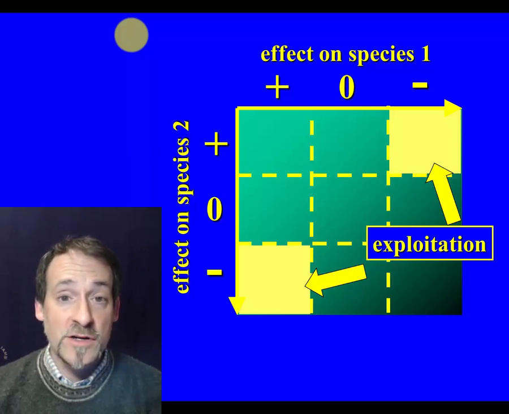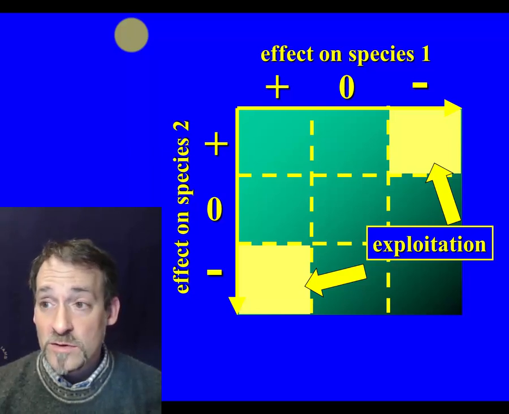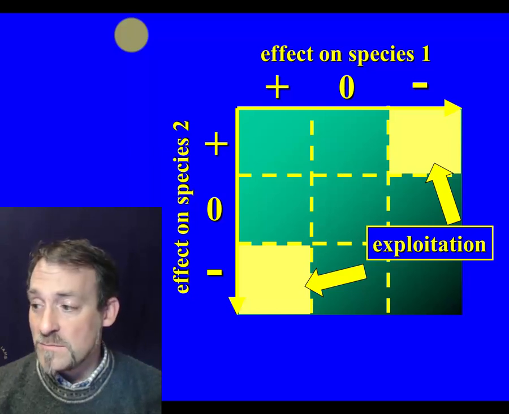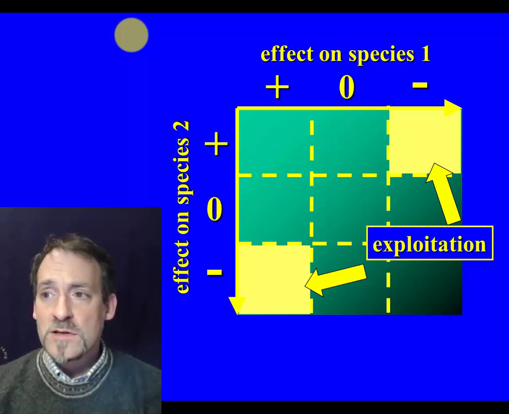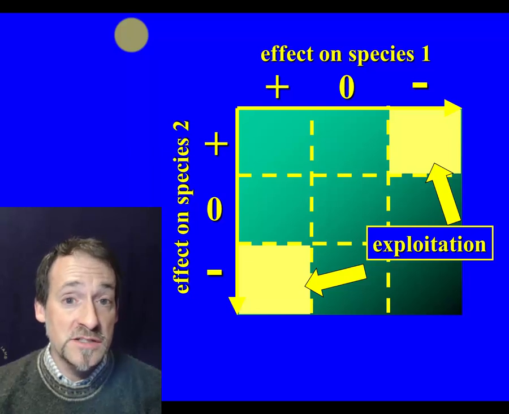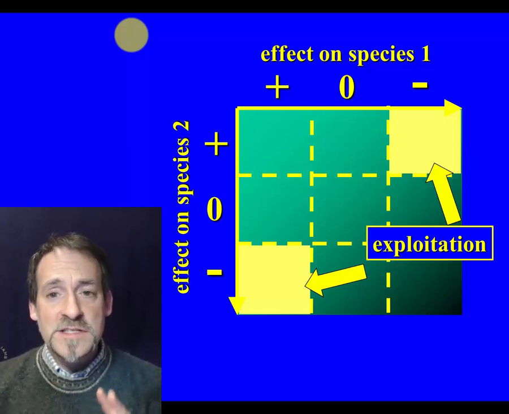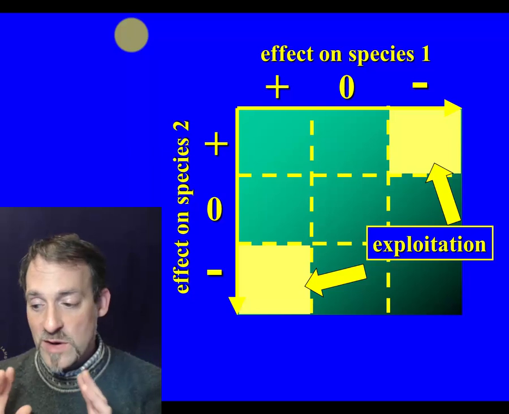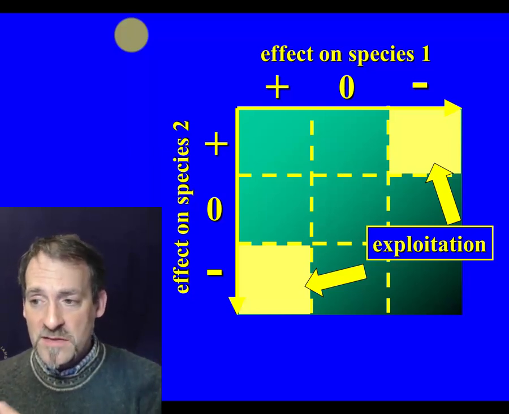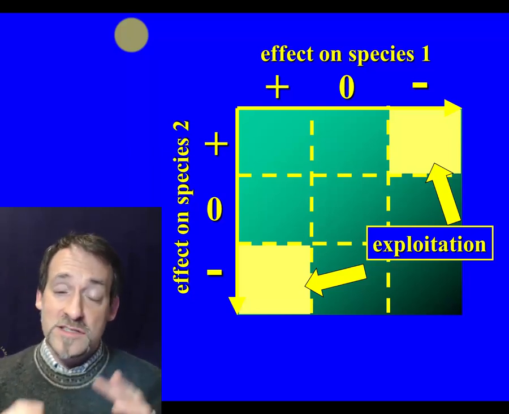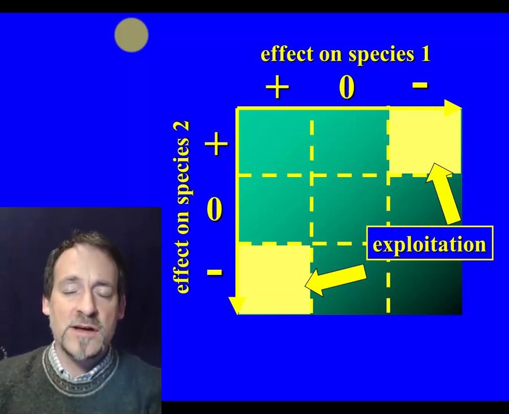It can be because you have a grazer or an herbivore feeding on small amounts of many individuals. There are lots of different exploitation interactions, but they all have the same effect, that when you have more exploiters, that tends to harm the exploited species and bring its numbers down.